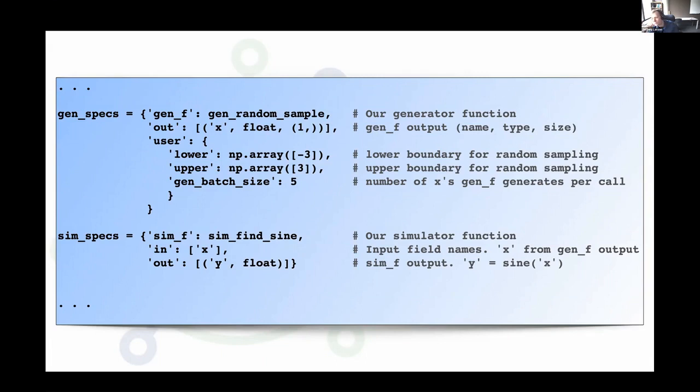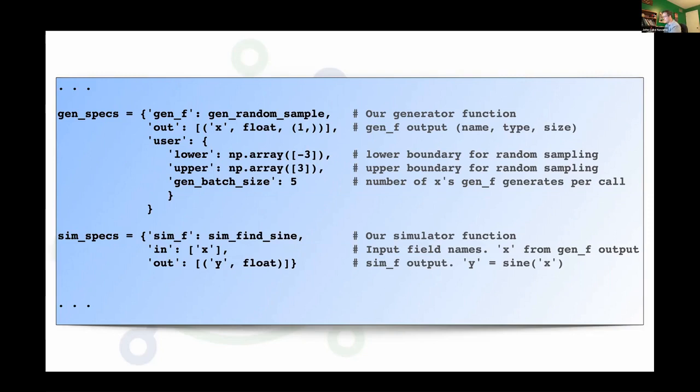We don't have a sim_specs user field here, but every time we call your sim, you can put anything you want in the user field. If it's a massive thing, then maybe it's slow to communicate, but you could communicate file names or arguments or compile strings or whatever you want inside of your user field. But the input and output fields can be whatever can be put in a NumPy array, basically.